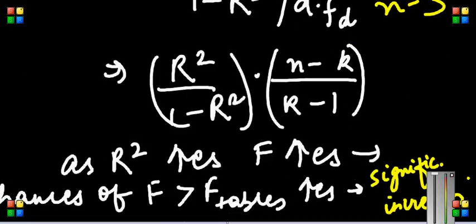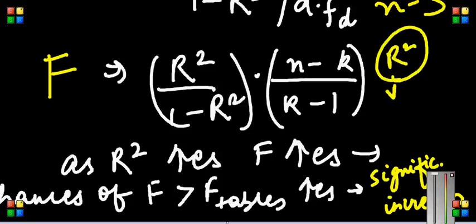So clearly, F is equal to R square upon 1 minus R square into this thing, and I can clearly see that as R square increases, F also increases. So obviously, if R square increases, then the total variation in Y that can be explained by x2 and x3 jointly increases. If the total variation which can be explained increases, the chances that they would be jointly significant increases.